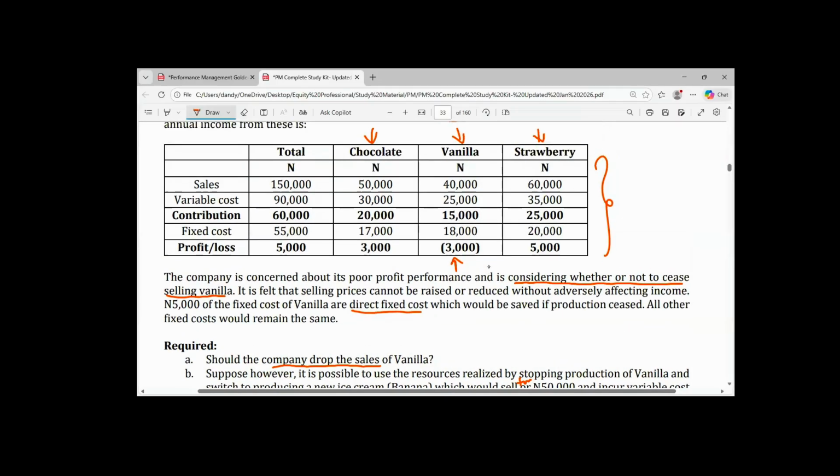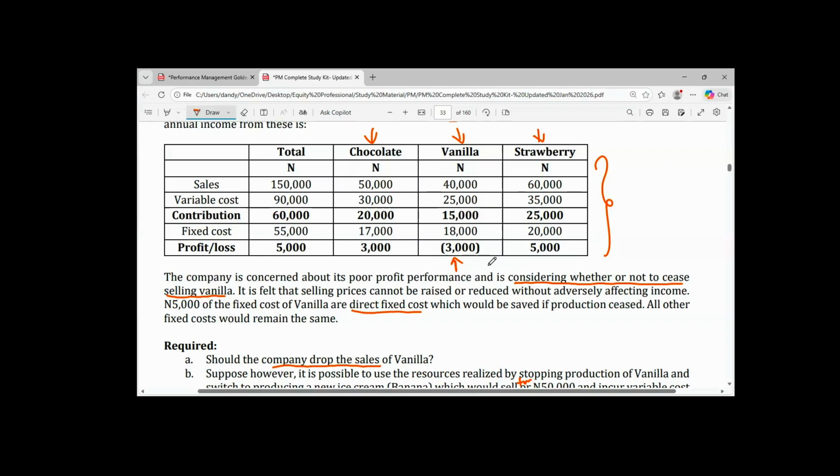Before you provide advice to the management, you need to analyze the economic angle of vanilla. Taking this into consideration, the benefits arising from vanilla versus the relevant cost of producing vanilla, whether vanilla will contribute positively or negatively towards the recovery of the company's general fixed overhead and net profit.